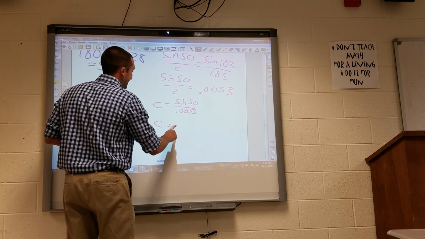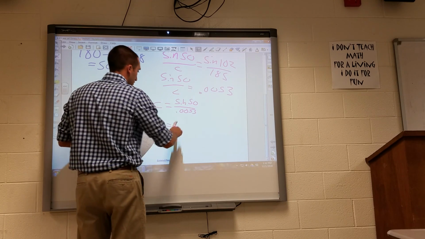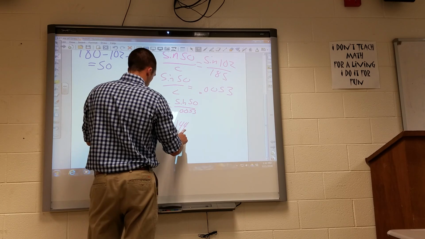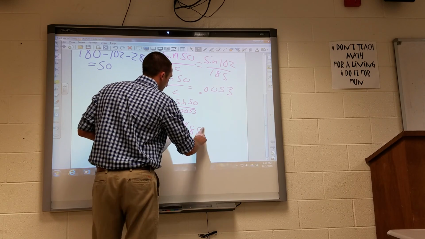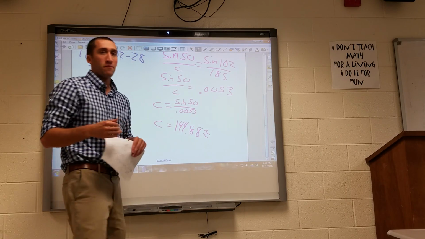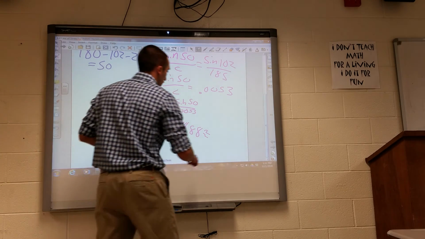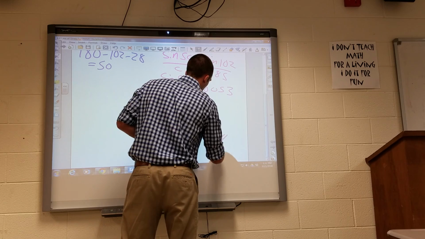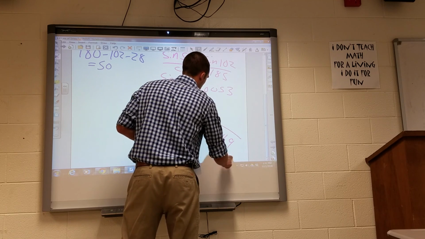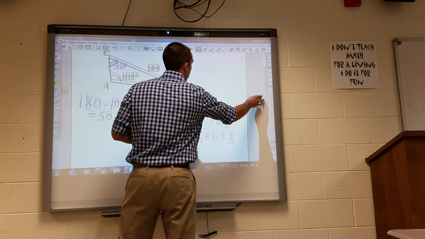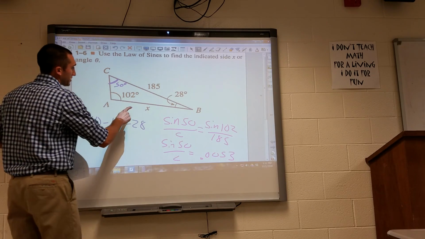And that means my side C is equal to 144.88. And we are going to round sides to one decimal place. So this will round to 144.9.